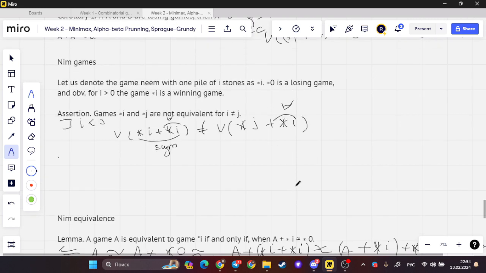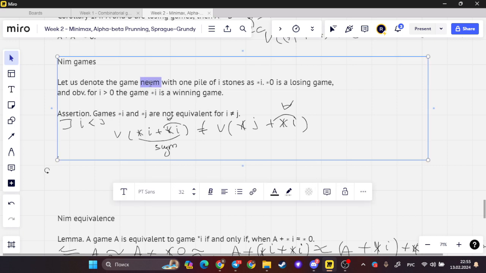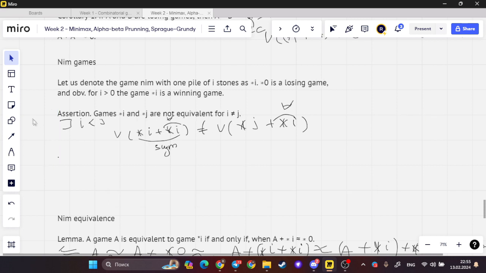Okay, next let us denote the game nim with one pile of stones. Here we have a new definition.